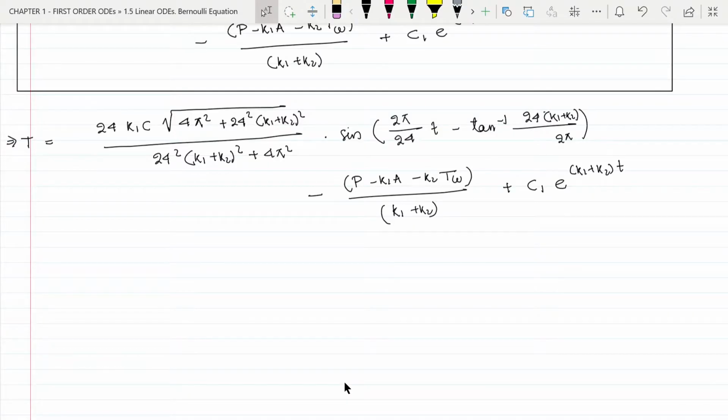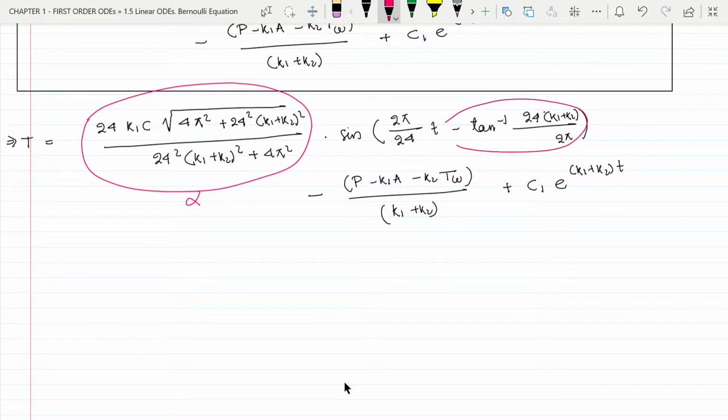Now to simplify this equation, let us assume this first term as alpha, this term as phi, as we have considered earlier, and this term as beta.